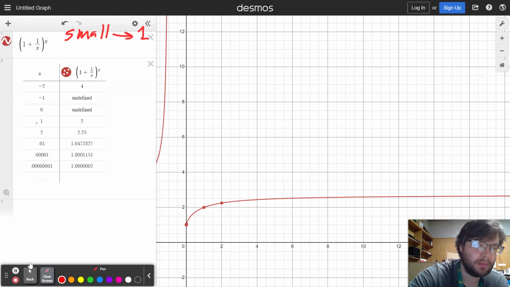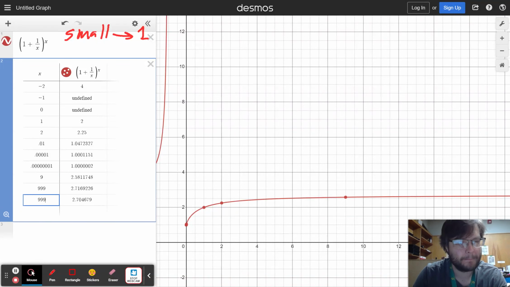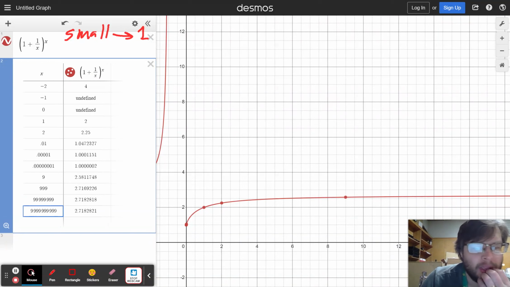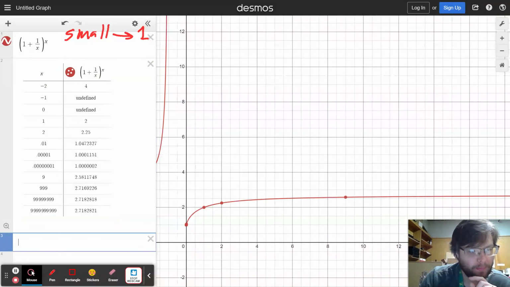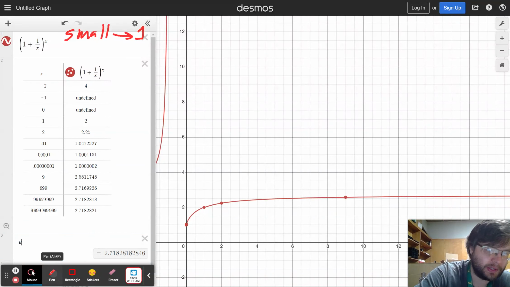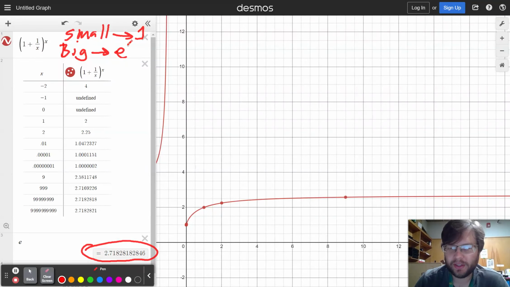But where it's a little bit more surprising is what happens if I plug in big numbers. That number right there might look familiar. In fact, it is equal to the number that I just typed in right down there. This value right here is what we get as we plug in big numbers for x. Big values of x get closer and closer and closer to the number e.